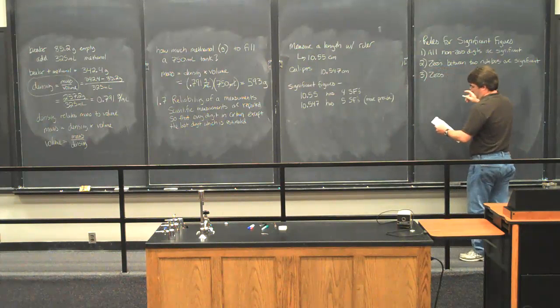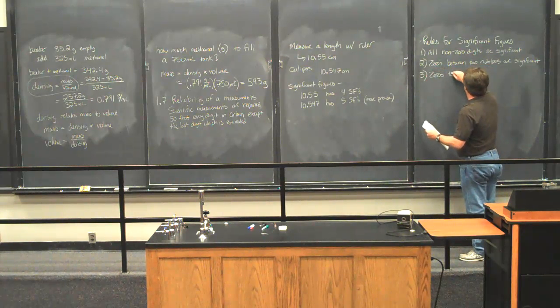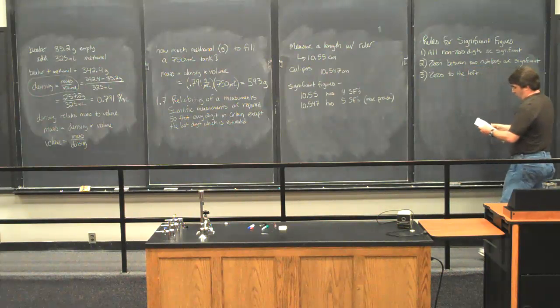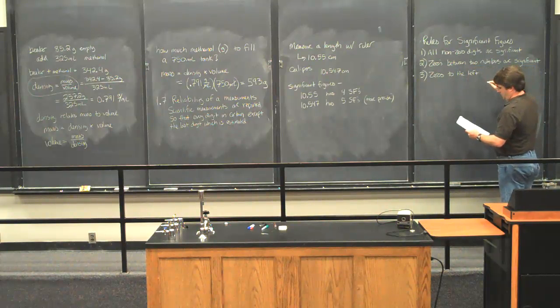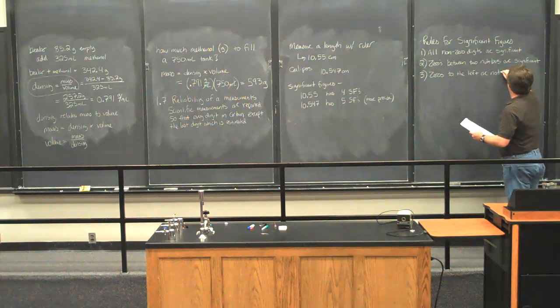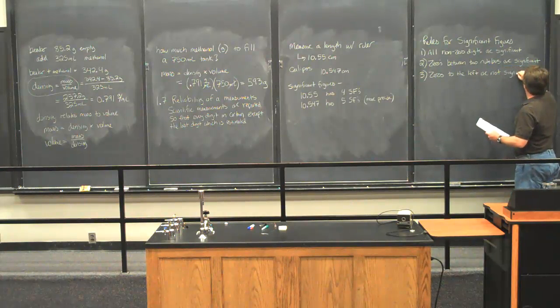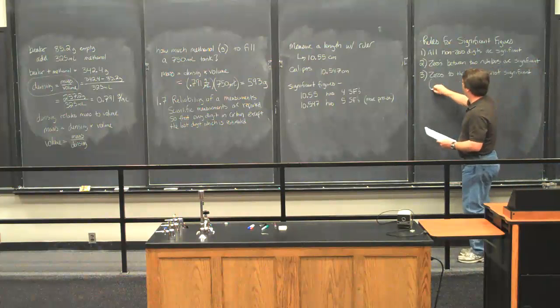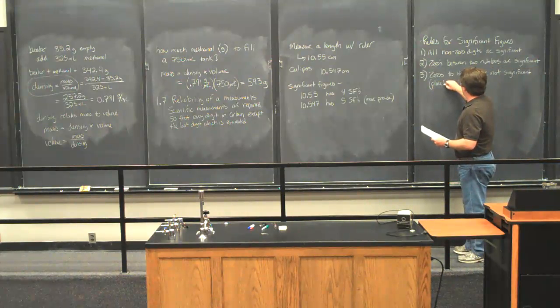Zeros to the left are not significant. They're placeholders, or decimal point holders.